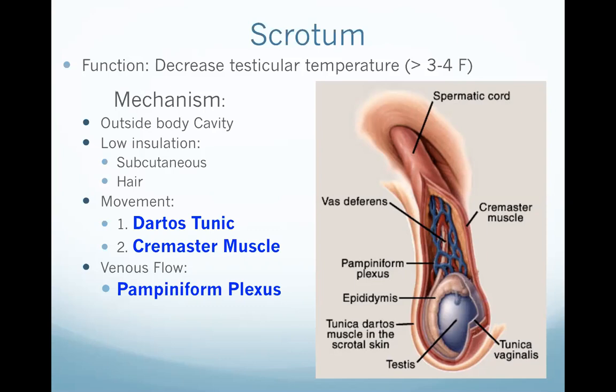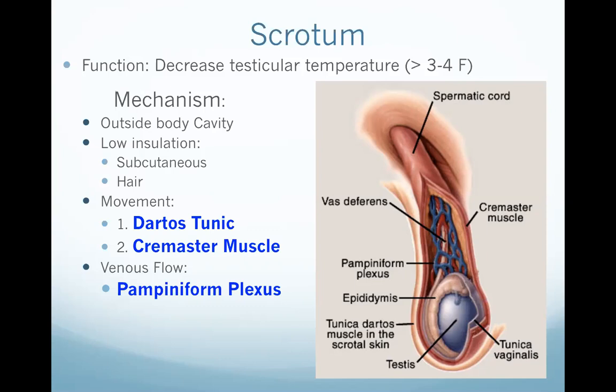And if someone's cold, you'll notice that the scrotal skin gets very folded. And that's because the dartos muscle is contracting and gathering the scrotal skin together and really kind of making the internal space in the scrotum smaller and pushing the testis up. So it's a really cool system to ensure that we can have adequate temperature regulation of the testis.